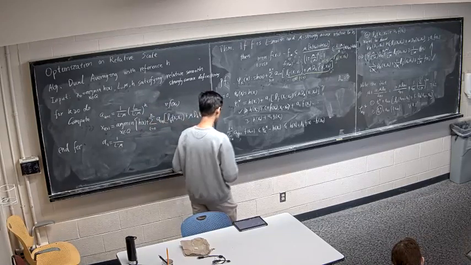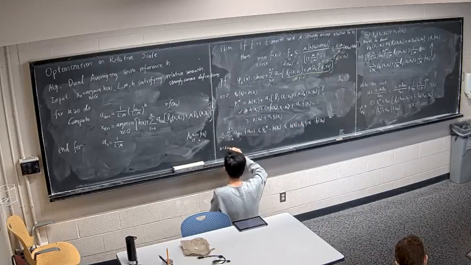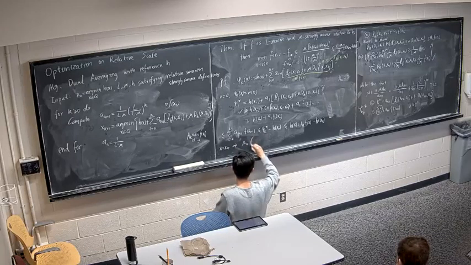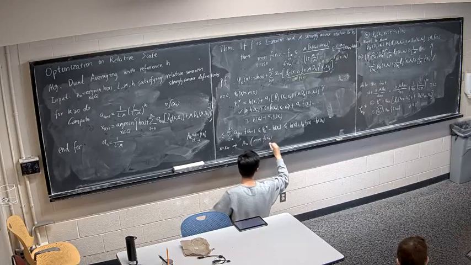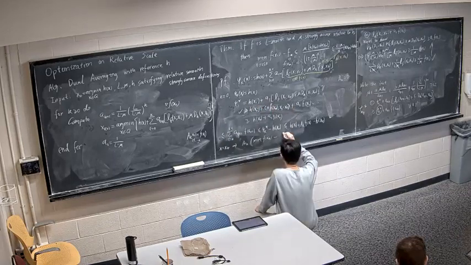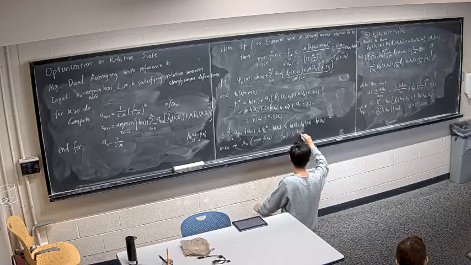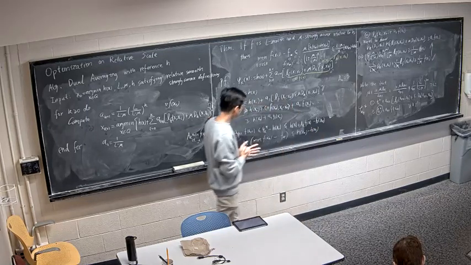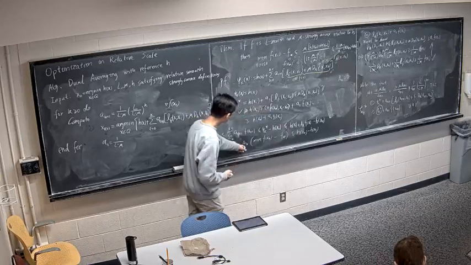And let's take x to be x star. So we have A k, right, and then we divided the inequality by A k.